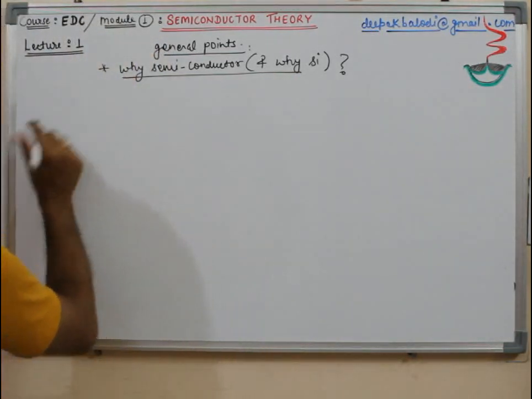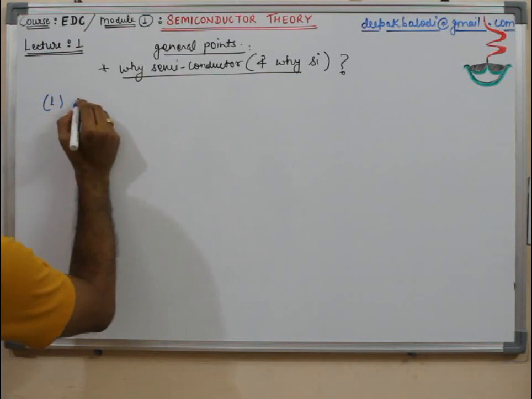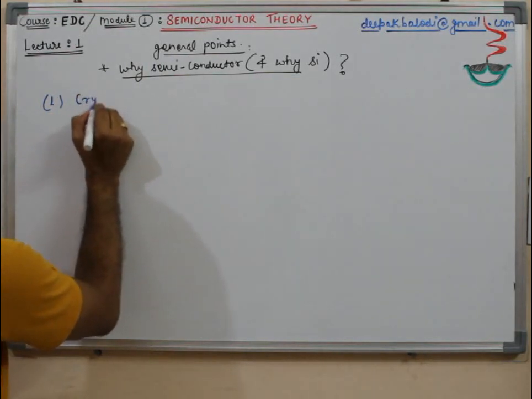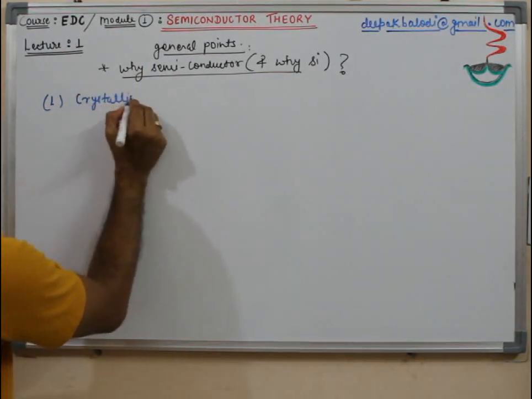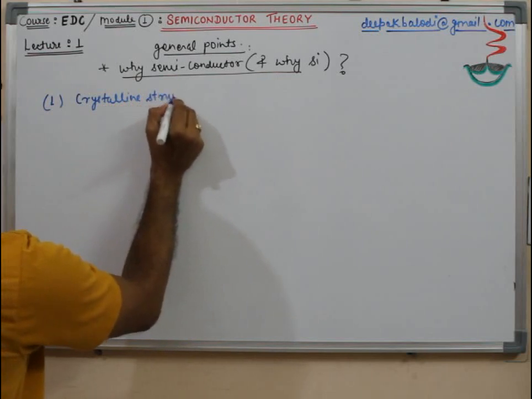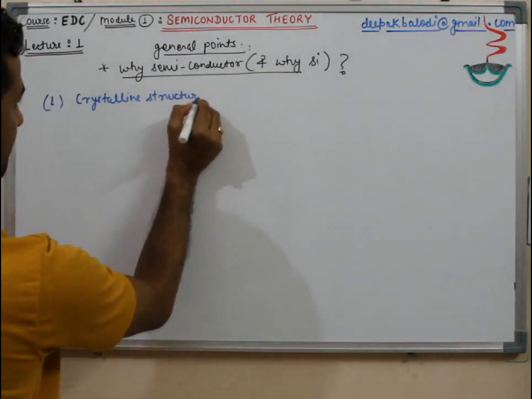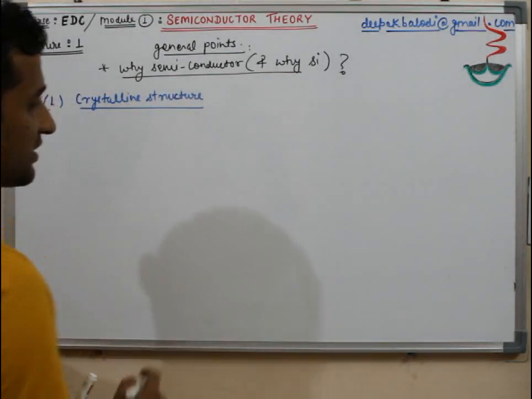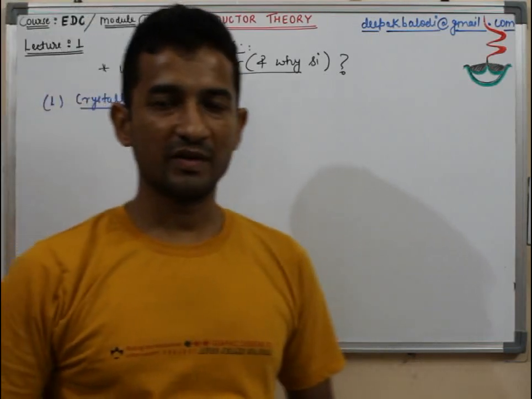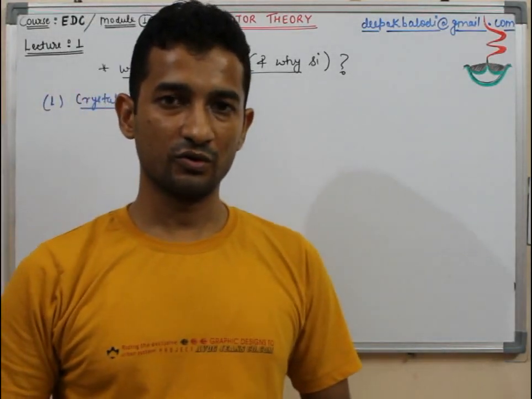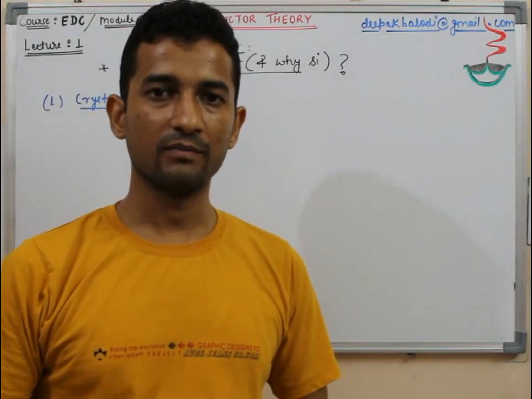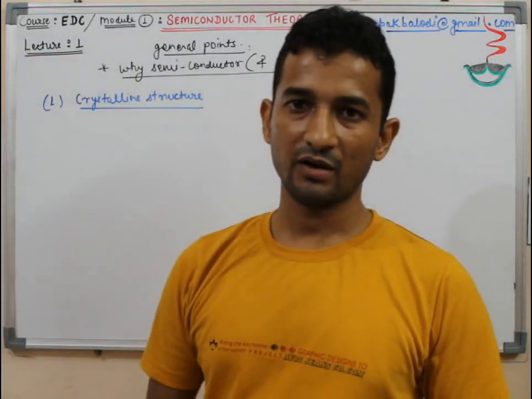The first and foremost point is the crystalline structure of semiconductor. So basically the semiconductors which we are going to use after carbon in the fourth column, that is either silicon or germanium.